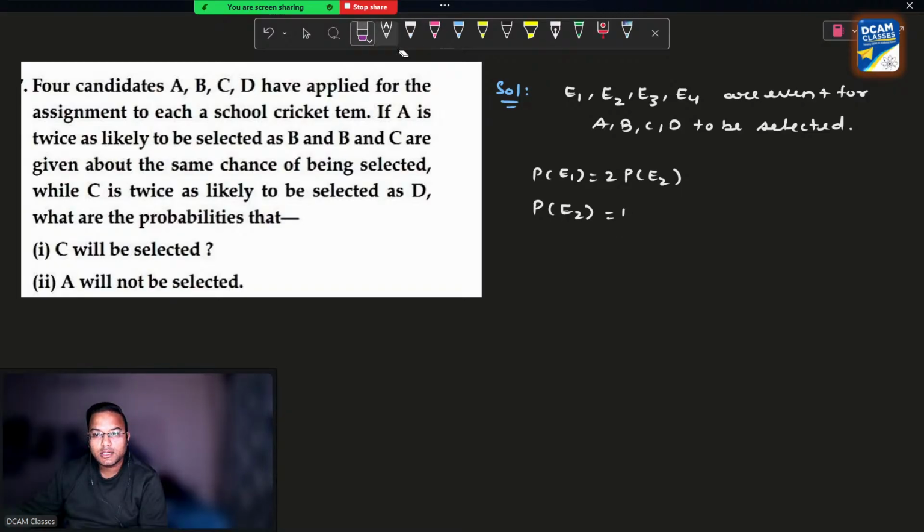Correct. Okay. So we can write this in this way: P of E2 is equal to P of E3, B and C only.